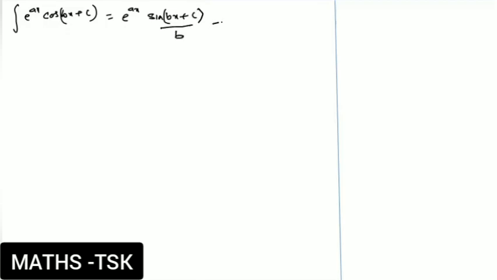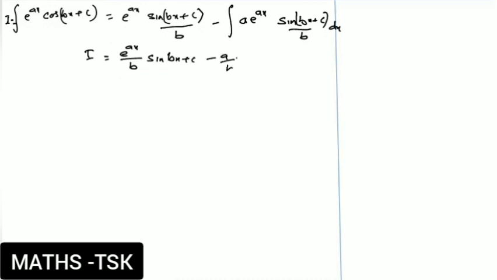Minus integration of derivative of e power ax, which is a into e power ax, and then the same integration value I have to write here, sin of bx plus c by b into dx. Right? So if you consider this as I, then I is equal to e power ax by b sin of bx plus c minus a by b into integration of e power ax sin of bx plus c.